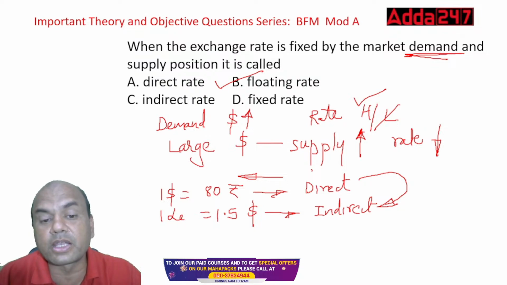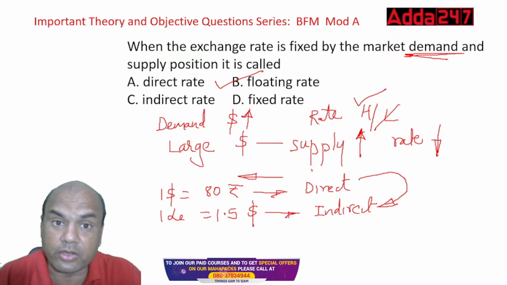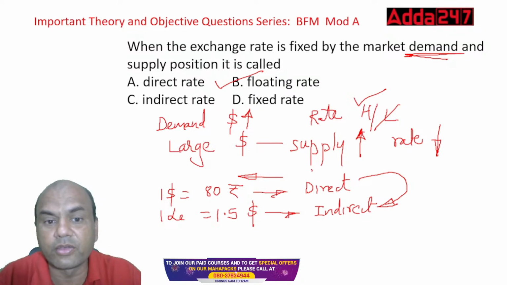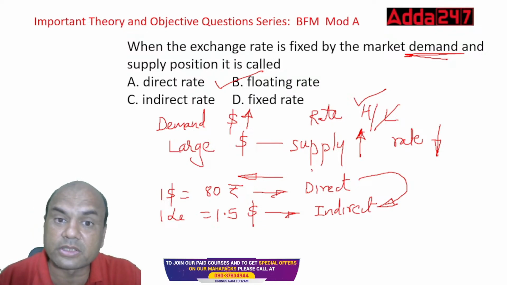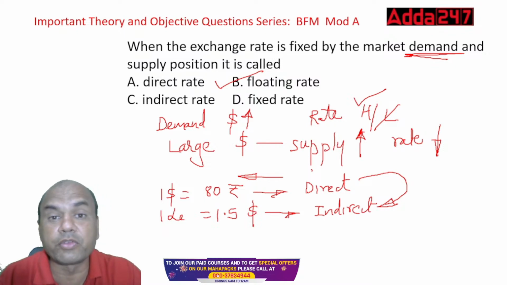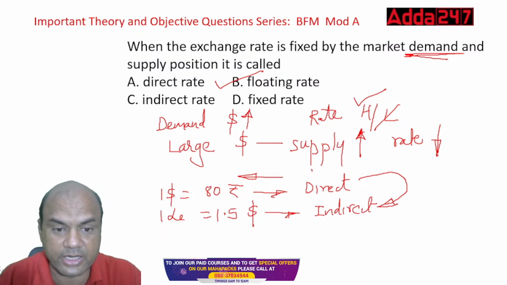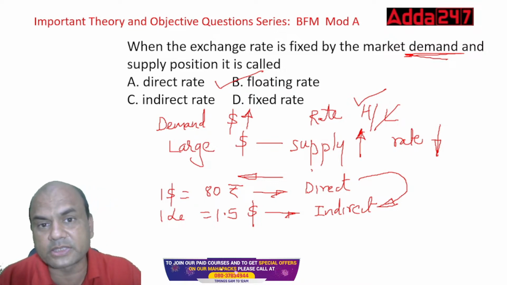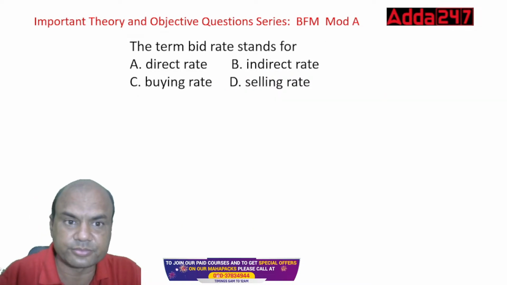We will be the governing power, because we are already planning to grow to the third largest economy. We are right now at fifth and moving towards the third. So when we move towards the third, these rates will change. So this is the concept of direct, indirect, floating and fixed.